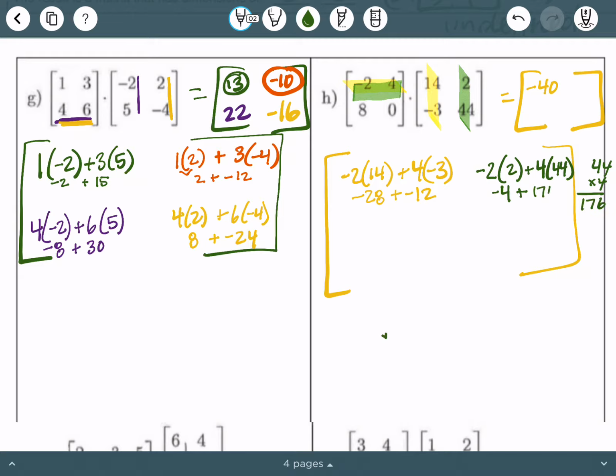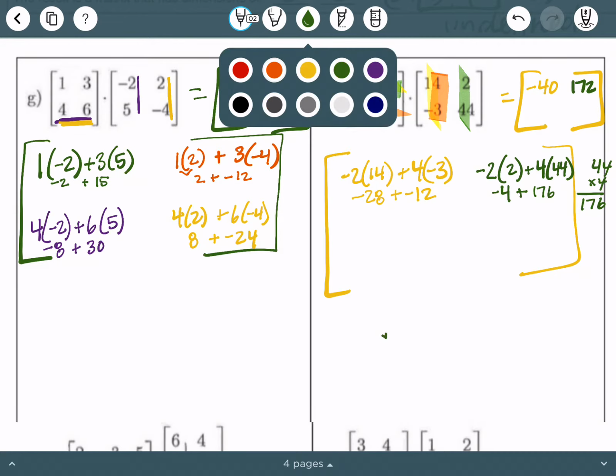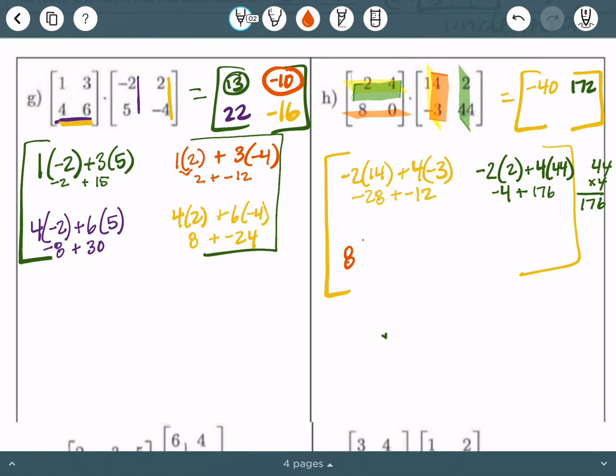So 176 plus negative 4 gives me 172. From there, I see that I have 2 colors on my top part there. So I'm going to use this one here with this one here. So I have 8 times 14 plus 0 times negative 3. 8 times 14 is 112 plus 0, so that is 112 there.